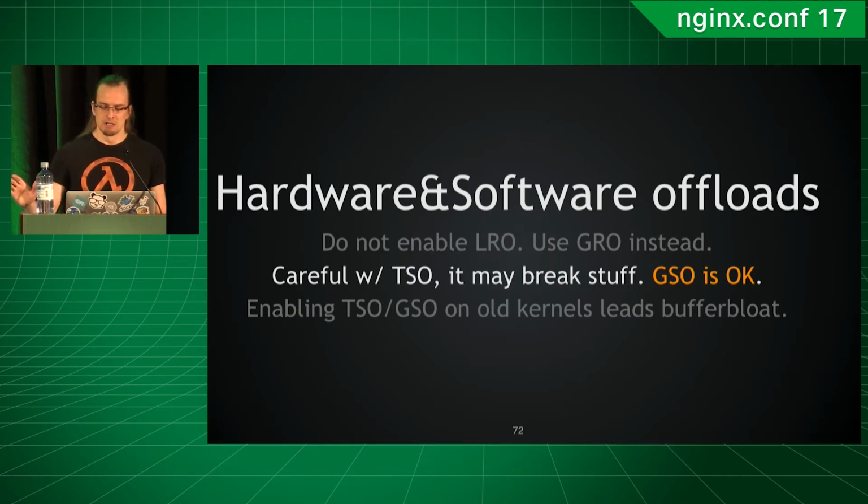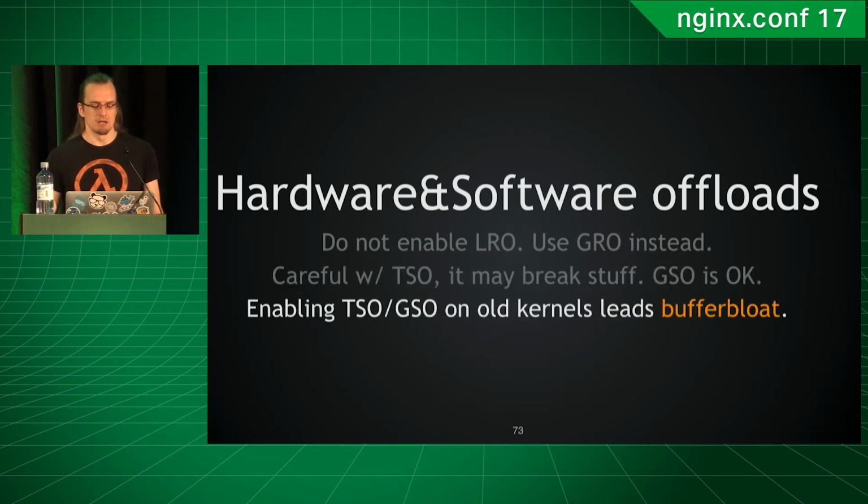TSO can corrupt packets, it may stall your network card. Stuff may break. TSO is very complicated, it is in hardware, so it is highly dependent on firmware version and drivers, and GSO on the other side is okay. And again, on older versions of kernels, either TSO or GSO will lead to buffer bloat, so be careful there also.